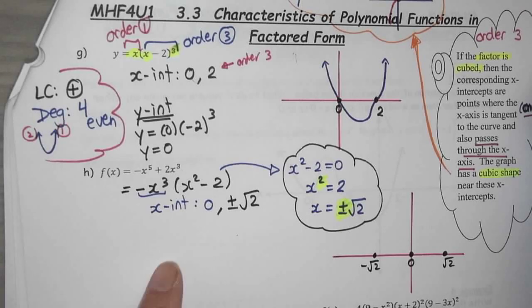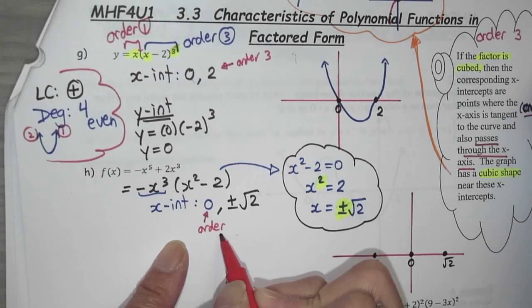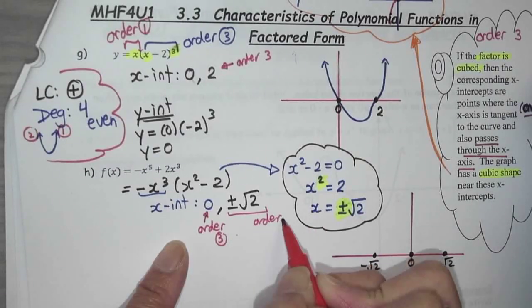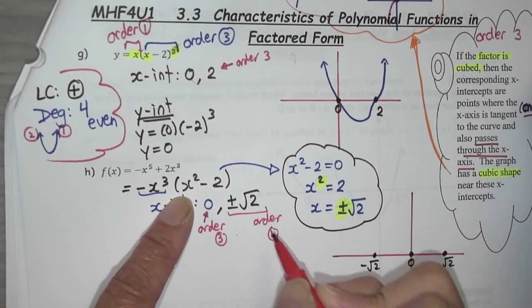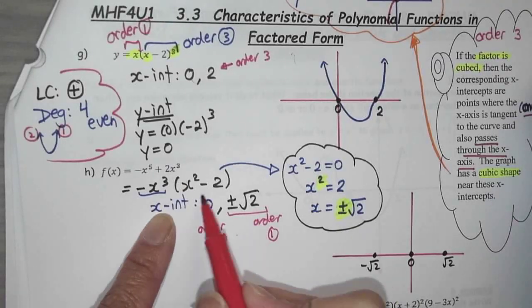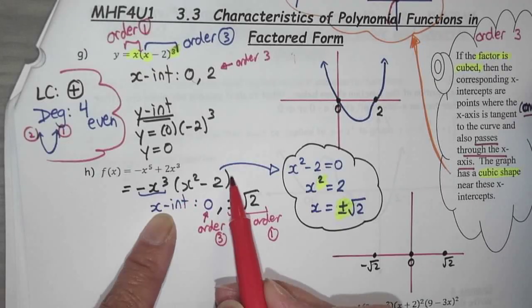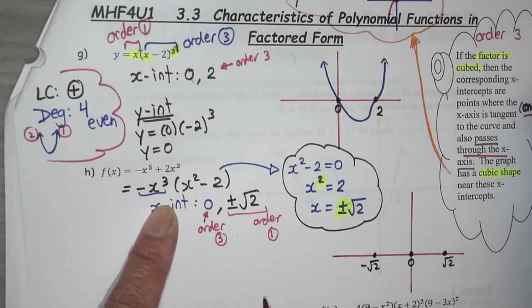What I want you to remember, though, this one is order 3, right? These are both order 1. They are each one of the 2 roots. So each one of these is one of the 2 roots. So I know it's squared here, and you're like, is it order 2? Not the whole thing was squared. And we broke that up into 2 separate roots.